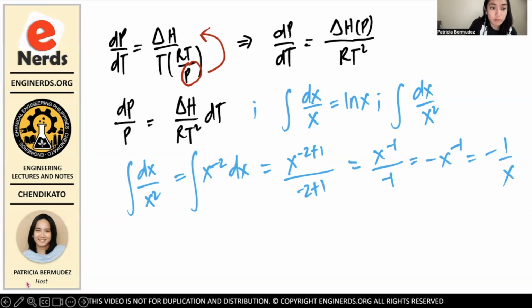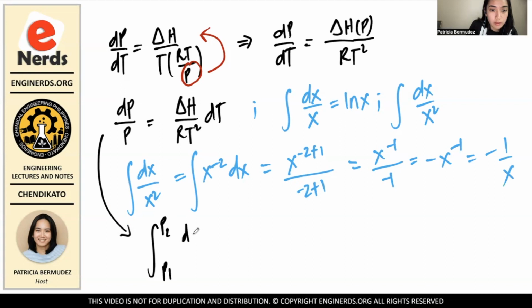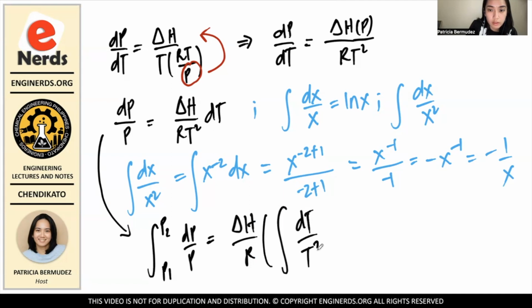Now that we have found the integrals, or now that we have recalled how to integrate, we have to apply it here. So the integral of dp over p, let's say there's a boundary p2 and p1 here, is equal to delta h over r times the integral of dt over t squared.